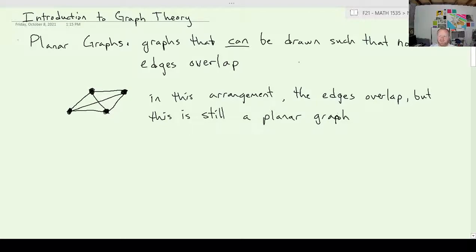And the reason is because it can be drawn such that no edges overlap. So if I erase this and if I just draw one of these edges in red here, I can demonstrate. Again, there is no difference in graph theory between this connection and this connection. Graph theory says that these are the same connection.